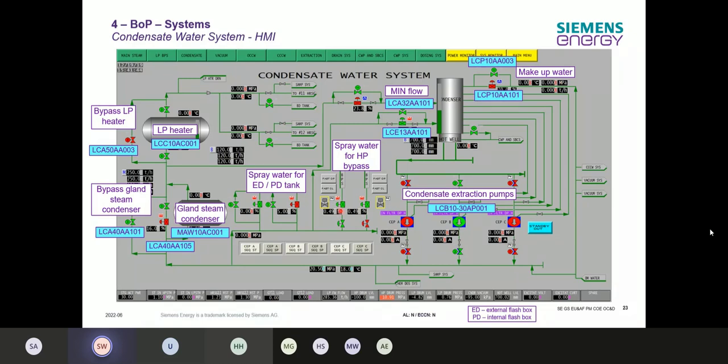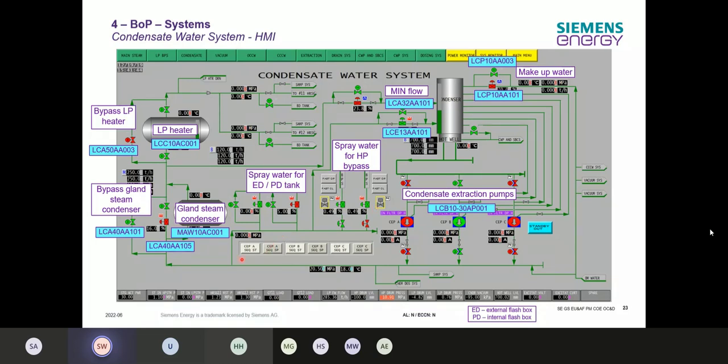So you need to reduce the pressure and the temperature before. With the HP bypass stations, you're spraying condensate in to reduce the temperature. Pressure reduction will happen in the pressure reduction part of the bypass valve over there. So these are, let's say, suppliers which will be fed also by the LCB pump.